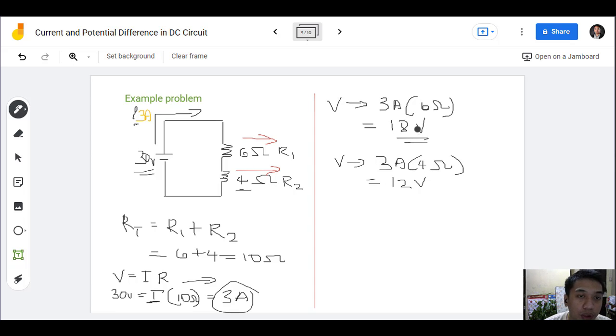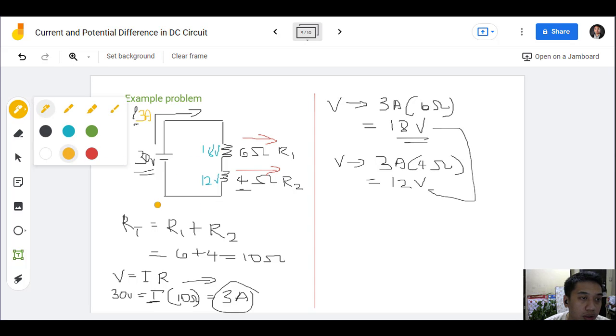So as you can see, when we add up 18 plus 12, that would be equivalent to 30. So in a certain closed loop, if we add up the voltage drops, that will be equivalent to 30.